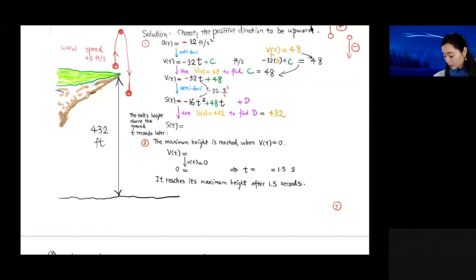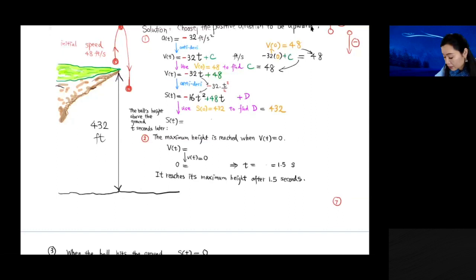Now you put this back, then you get the position function: negative 16T squared plus 48T plus 432.